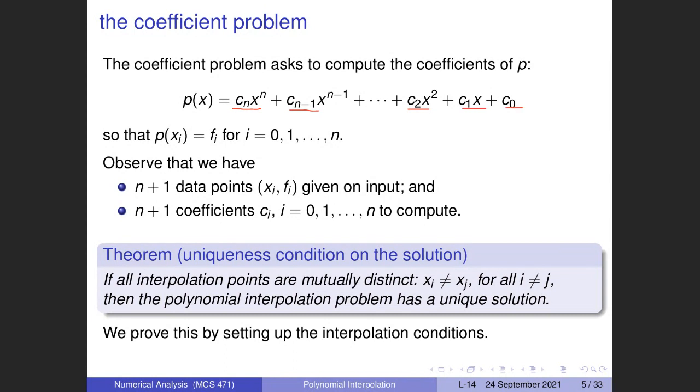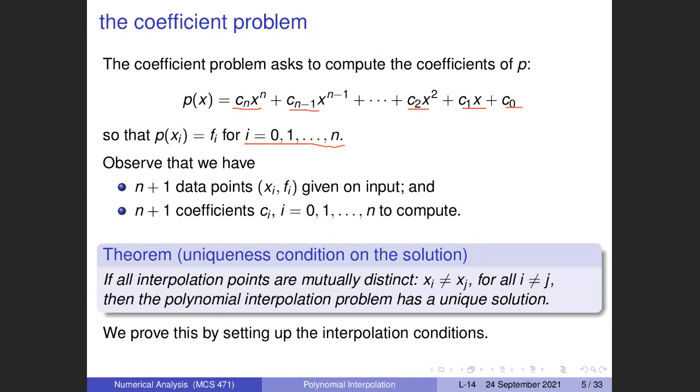We have n plus 1 coefficients, so the i is ranging from 0 to n. Observe that this might be a well-posed problem. We have n plus 1 input points and n plus 1 output points. So the size of the input matches the size of the output.